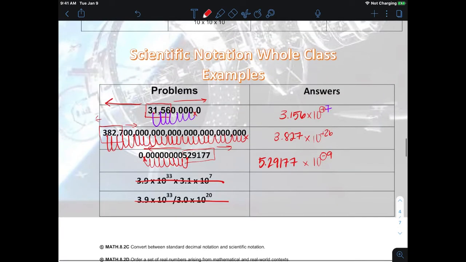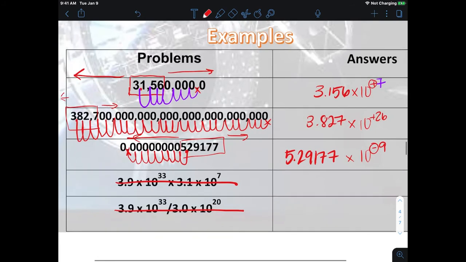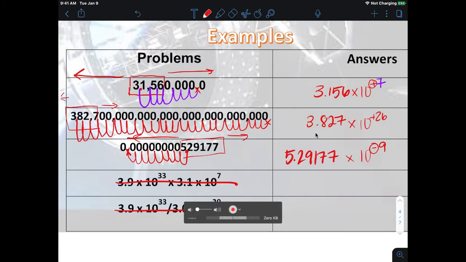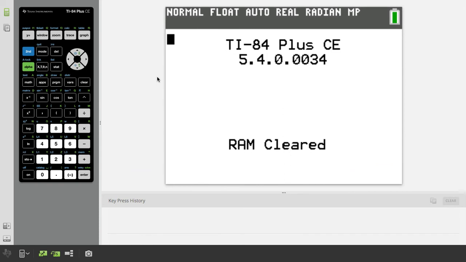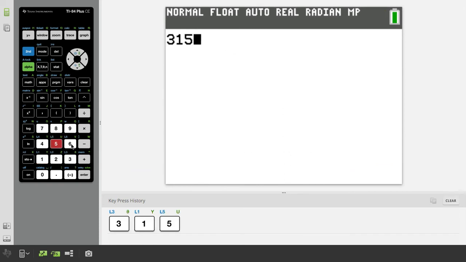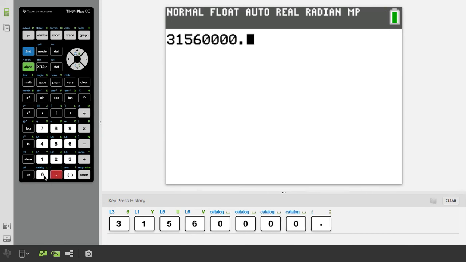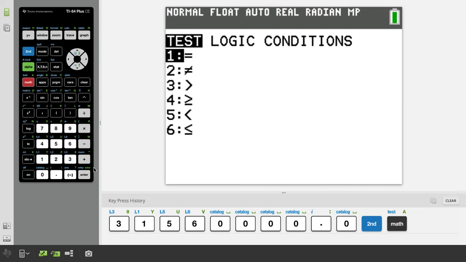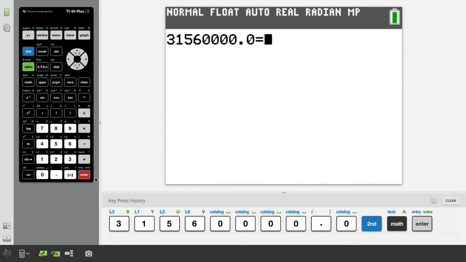Let's take a moment to verify that these are correct. This one is way too big to put in a calculator, so I'll just do these two. Let me go over to my calculator here. I'm going to type in my first one, 3156000, and press second test, then enter to select the equal sign.